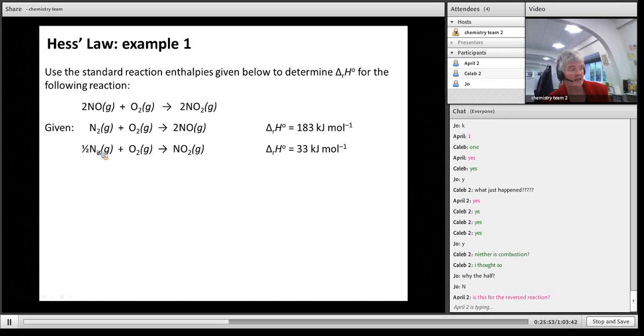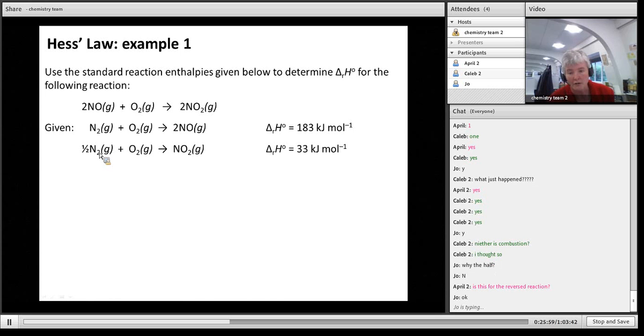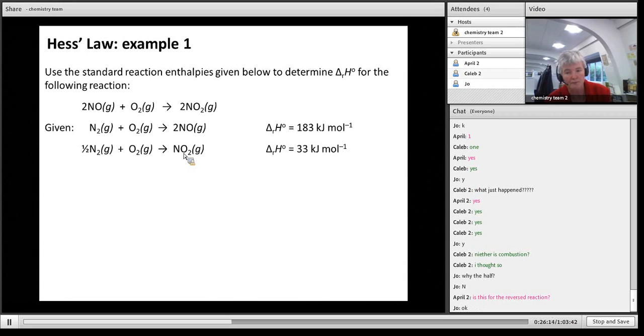And the only way I can get 1 N on the left-hand side is to put a half in front. So is this for the reverse reaction? Well, this is just the ones that are given. The way this one is given, I'm just pointing out that it could also be used as a heat of formation of NO2.